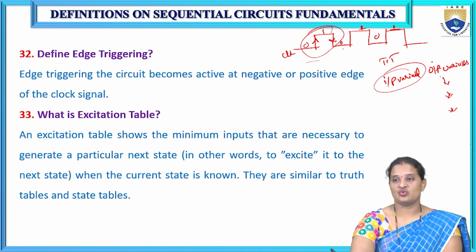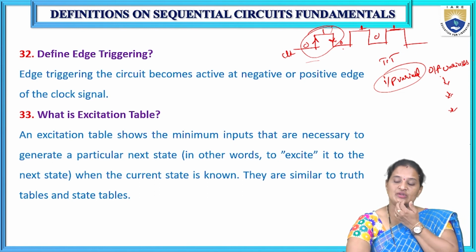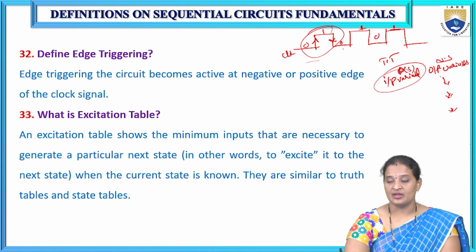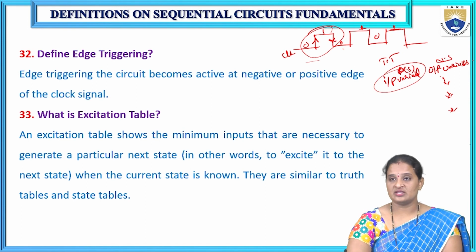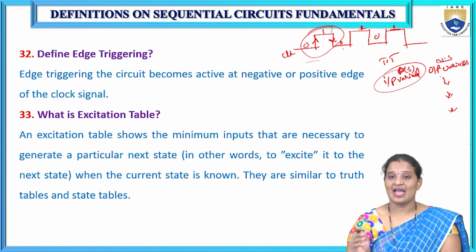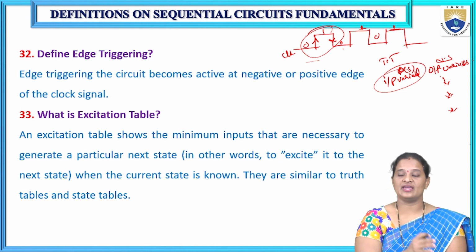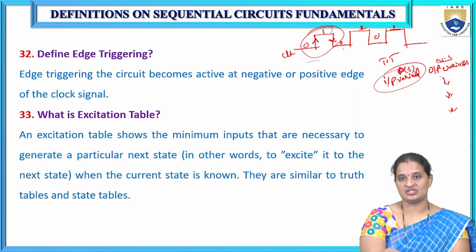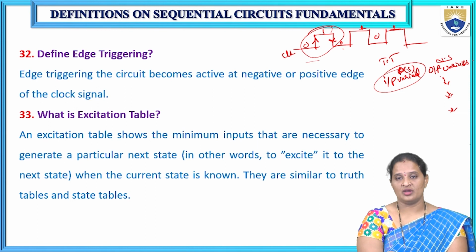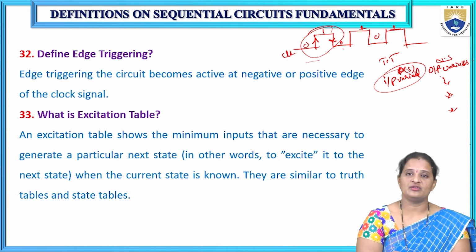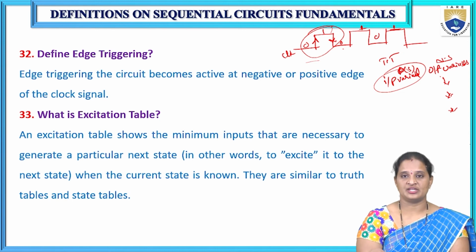Whereas here, let us consider this as the present state and this as the next state. In order to make changes in the state of the flip-flop, the inputs that we need to apply to the flip-flop will be taken from the excitation table.